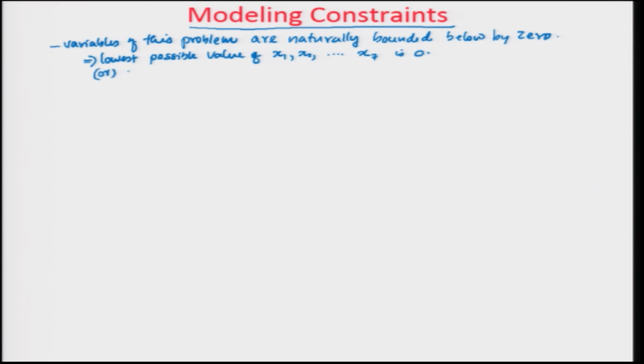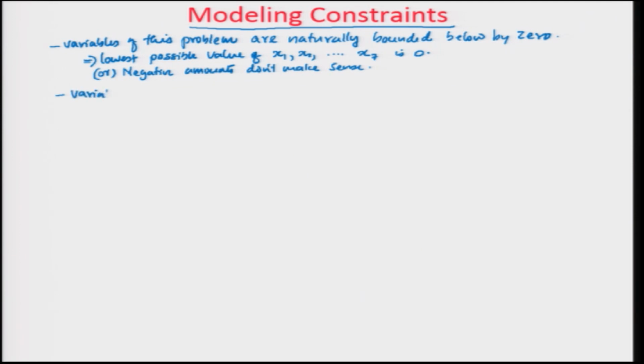We are saying that negative amounts don't make sense. When we say minus 3 grams or minus 3 kilograms of something, it does not make any sense.